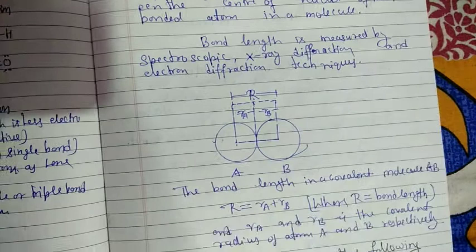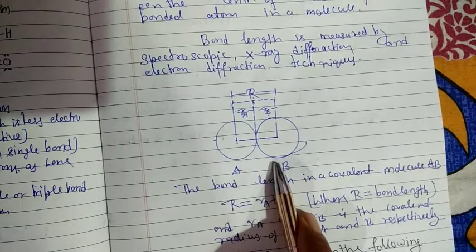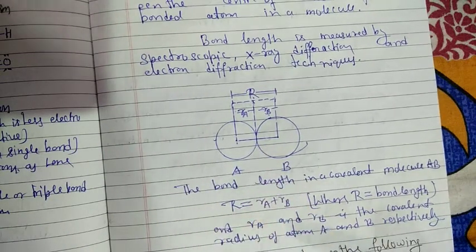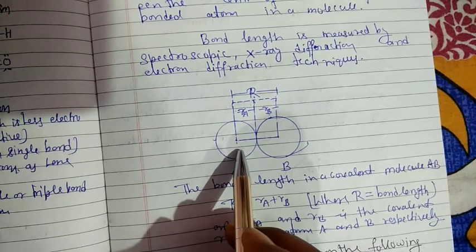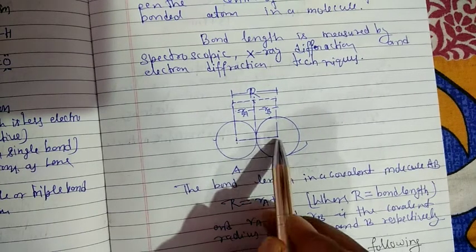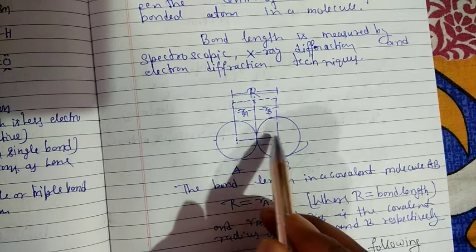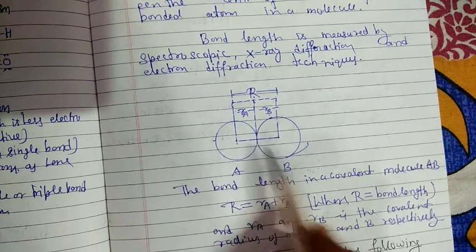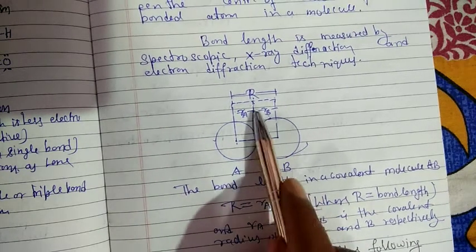This is the two atoms A and B. They are bonded. This is the center of the nucleus of atom A and this is the center of the nucleus of atom B. Both are bonded and this is called bond length.